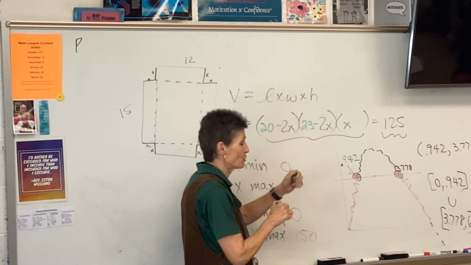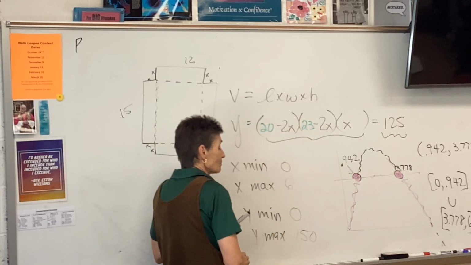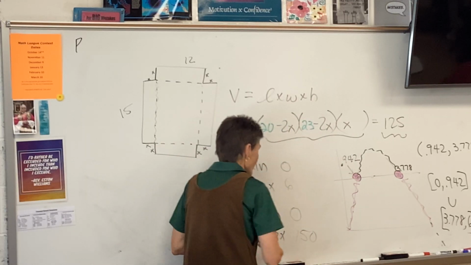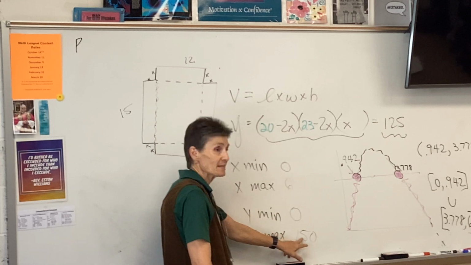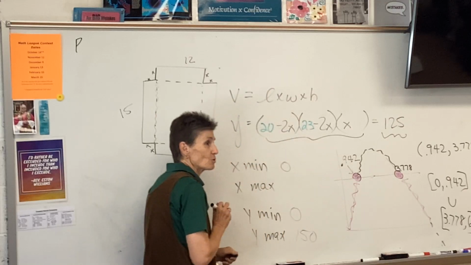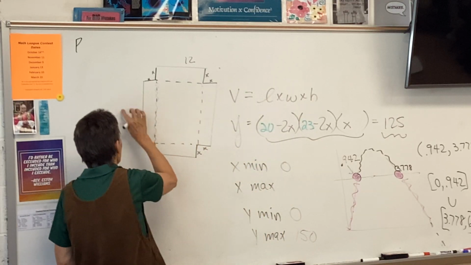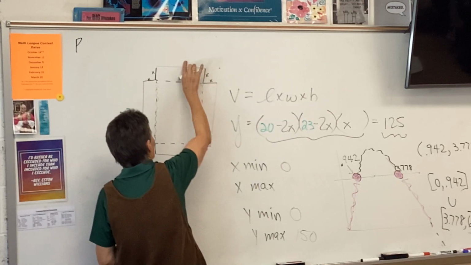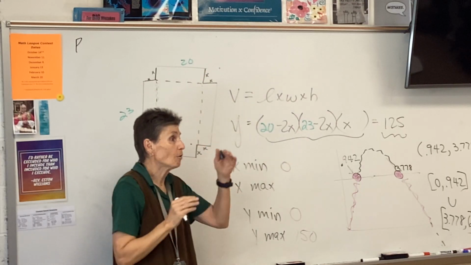So 20 minus 2x. All right, in terms of your window, since we were shooting still for a volume of 125, that's okay. But this one needs to be changed. If the paper is now 23 by 20, x can go all the way to what?